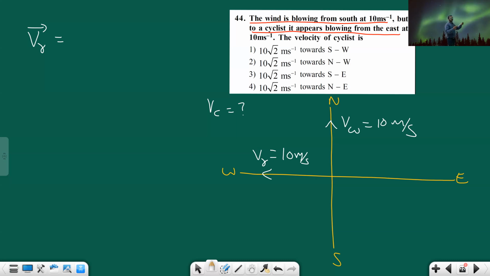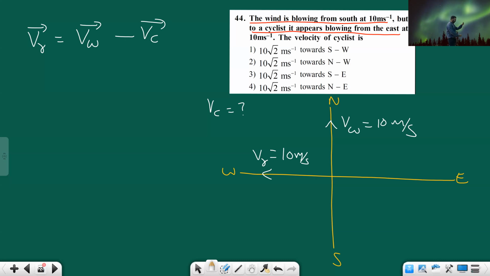So the observer is the cyclist. My simple technique for relative velocity problems: the observer must be subtracted. The cyclist is the observer, so minus VC bar. Write it as VW bar minus VC bar.